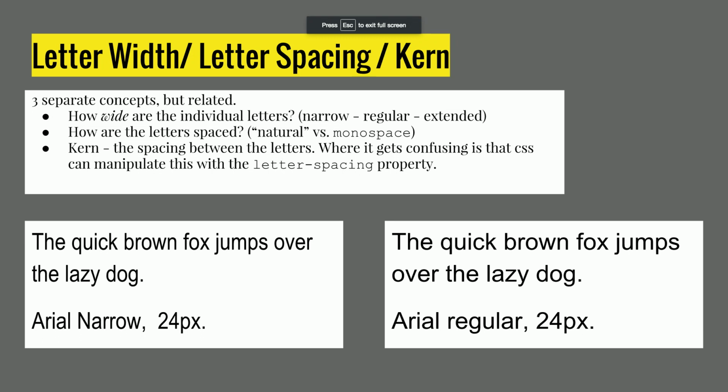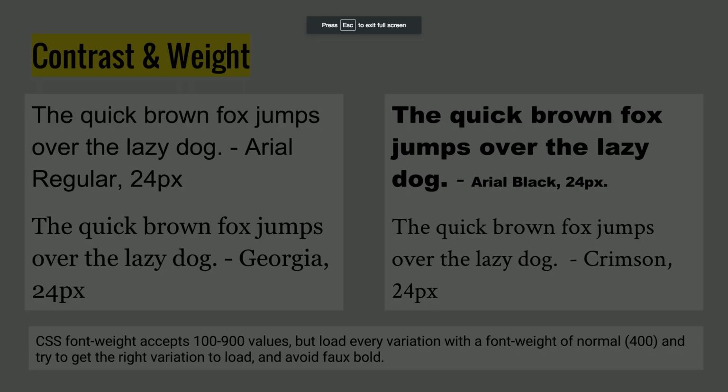And you'll want to know what effect you're after and why to choose one or the other. And then kern is the designer term for the spacing between the letters. The CSS equivalent is letter-spacing. So when I say letter spacing, sometimes the designer hears something different than what I meant, which is the CSS property.